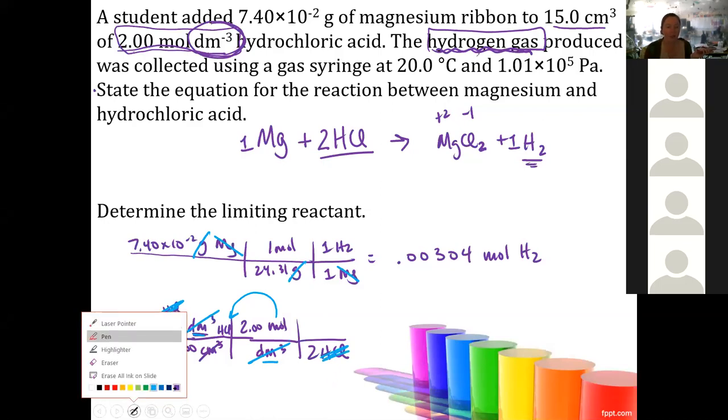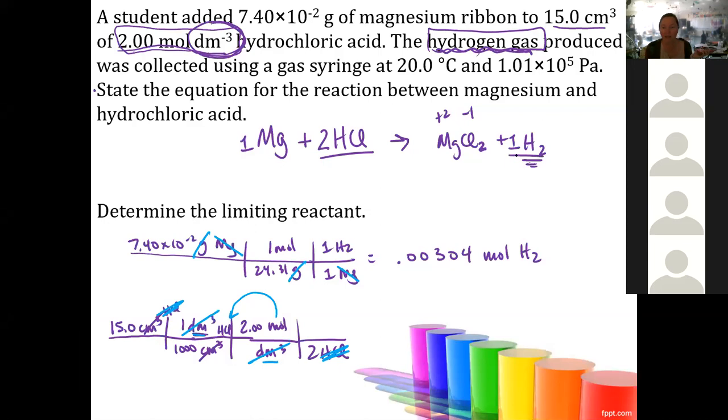And then I'm going to put my hydrogen gas, one of them, up here. So now we can do that calculation. 15 divided by 1,000 times 2 times 1 divided by 2 gives us 0.015 moles of hydrogen gas.